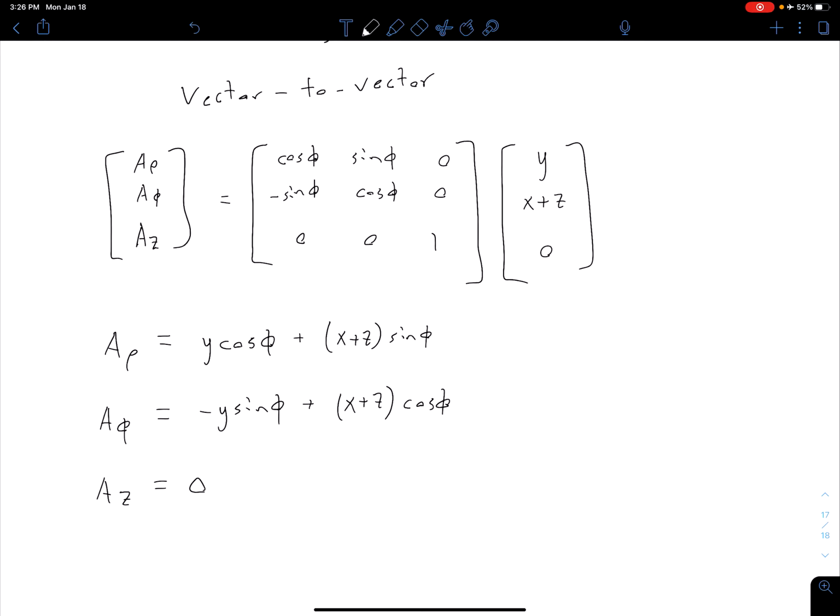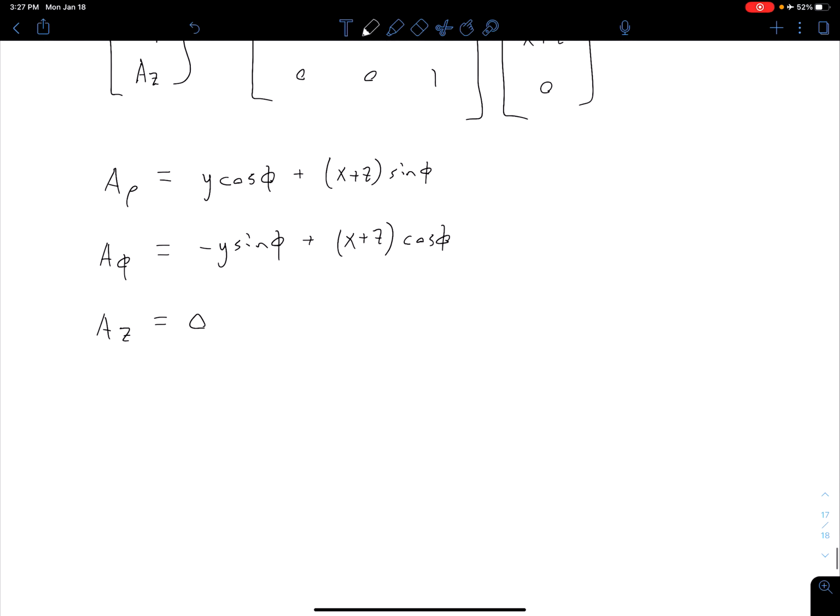Now, if we're finding our rho components, we can get rid of our y terms depending on the information that we have. Let's say we want everything in terms of our cylindrical components. So we don't want to have, for instance, this y, this x, and this z.